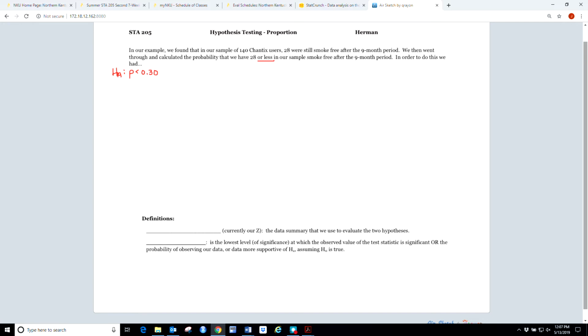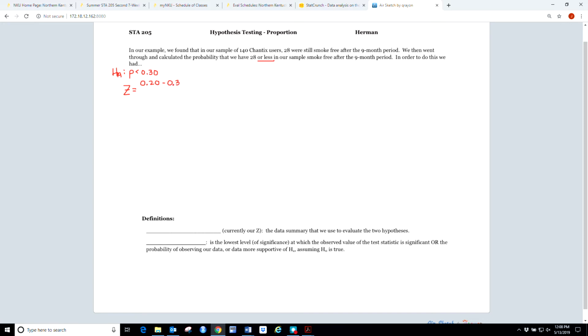Other things that we had done there, we had calculated a z. And when we calculated this z, we had already found the sampling distribution. So we had the mean of p hat, and we had the standard deviation of p hat, as well as we had p hat itself. So our p hat was that 0.20, which again was just the 28 out of those 140 users. Our mean of our p hat was actually the same as the number that we're using for comparison here as well.